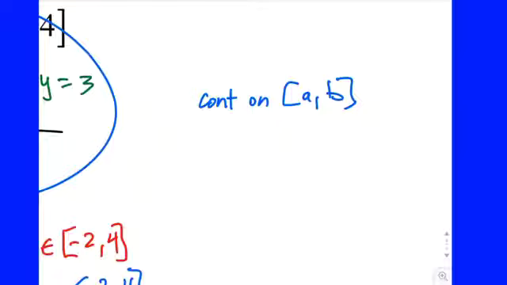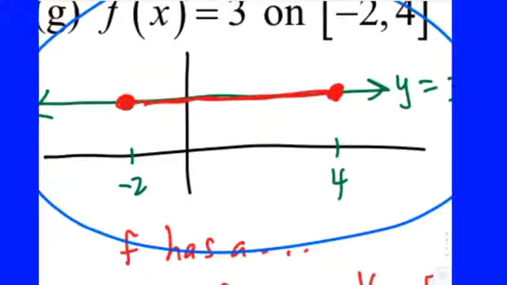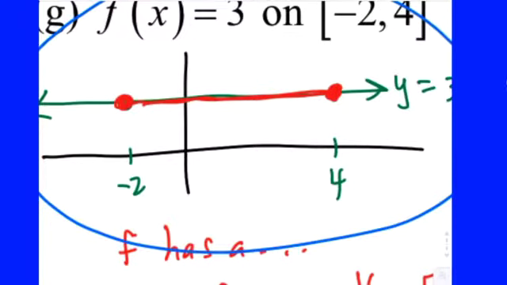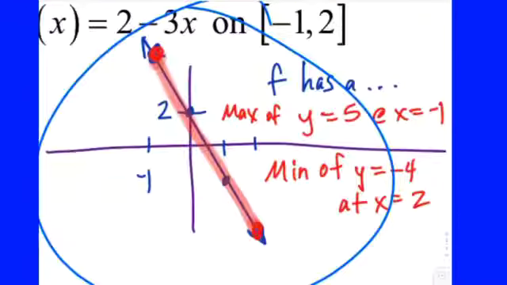Okay? Good. That's important. What then were the possible values of x where the max and mins occurred? This one occurred at the endpoints, for sure. But it also occurred everywhere on the interior. What's the value of the derivative everywhere on the interior? 0, 0, 0. Okay. What about this fella?